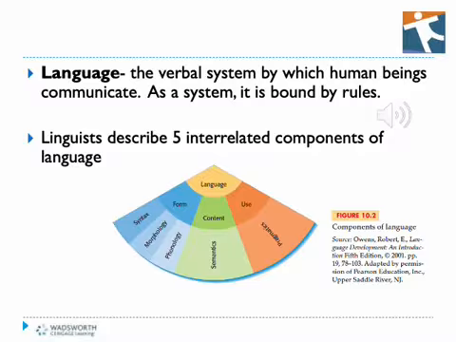So as you can see in the chart, phonology describes its rules on how we combine phonemes or sounds to form words.